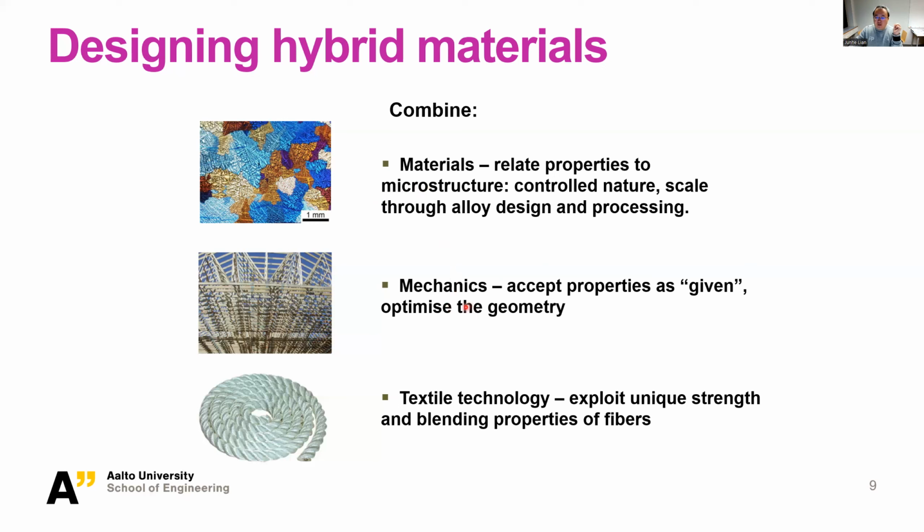And the second one is more mechanics driven. So this is the concept we're going to focus on in our course. Basically, we accept properties as given, so we use existing materials. We're not trying to design materials from the atomic level, from the microstructure level, basically everything below the micrometer level.